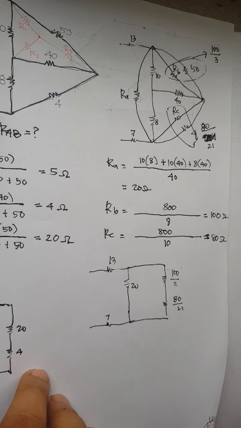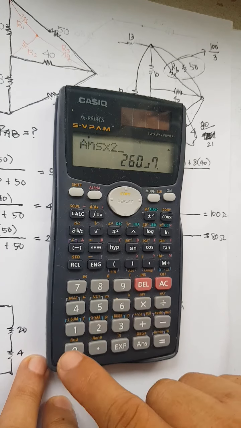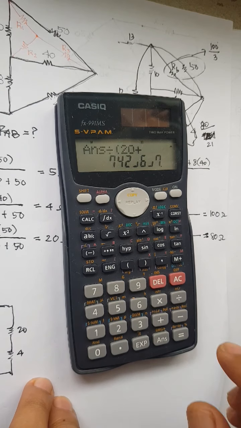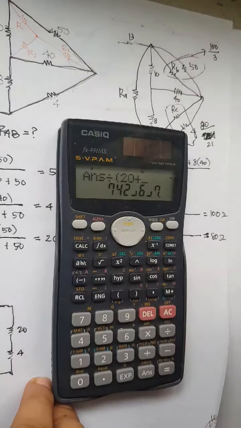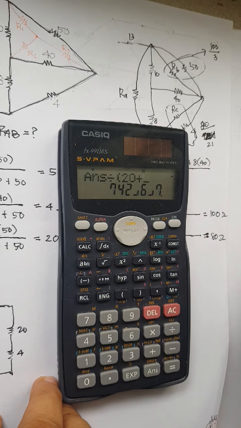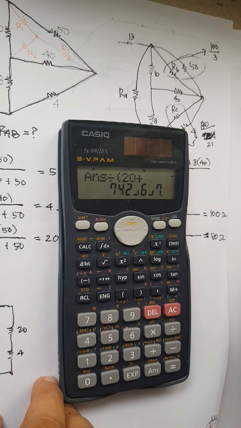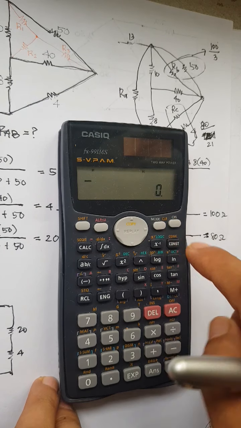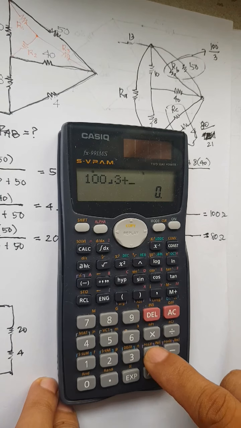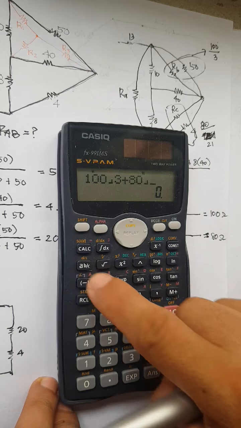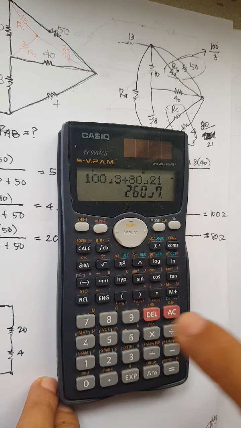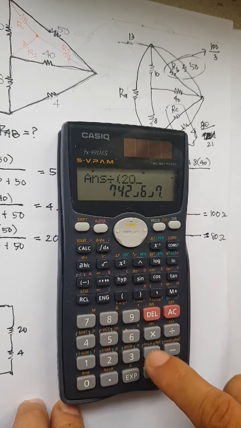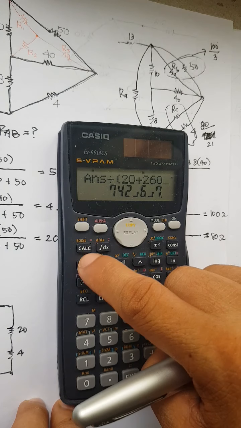It's a combination of this, and then in parallel with 20, so 260 over 7 times 20, divided by 20 plus 260 over 7.